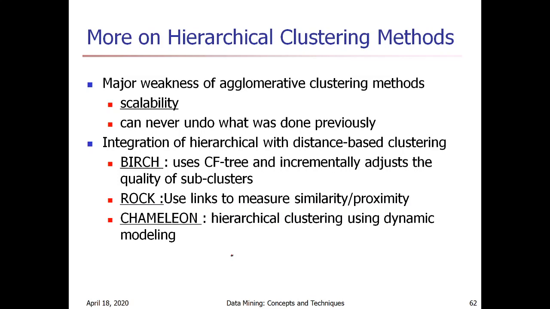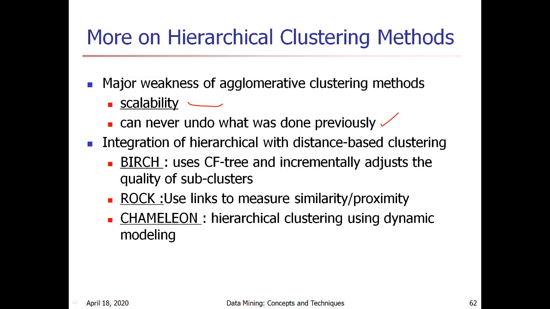There are disadvantages in the hierarchical clustering method. One is scalability, and the other is that once the decision is done, either to merge or to split, it can never be undone. So these are the two disadvantages.